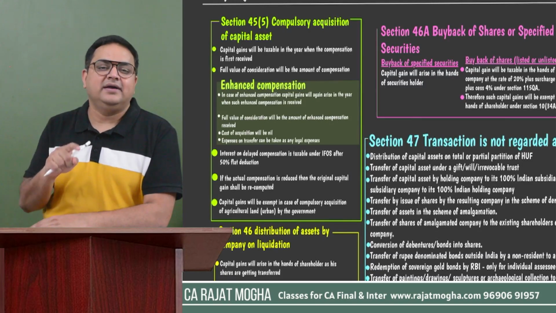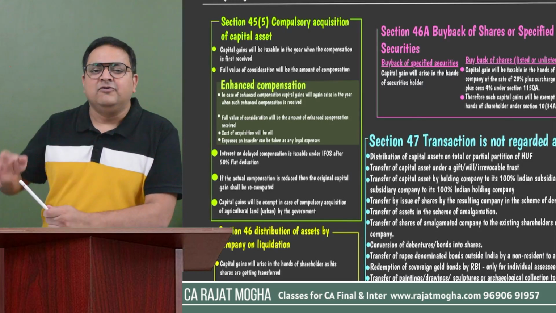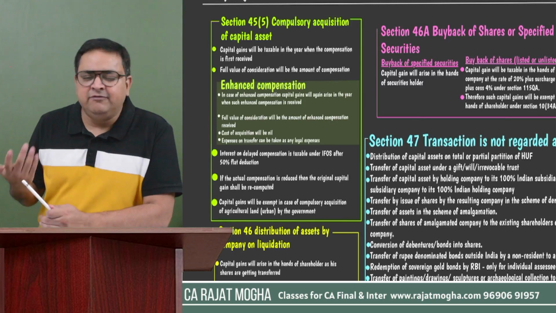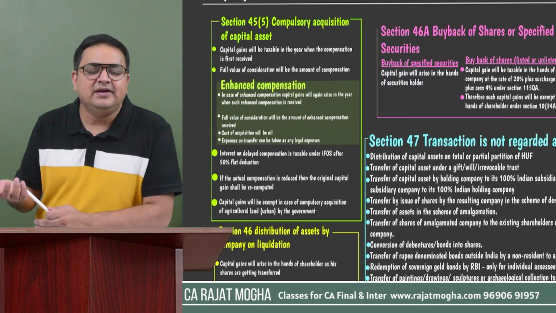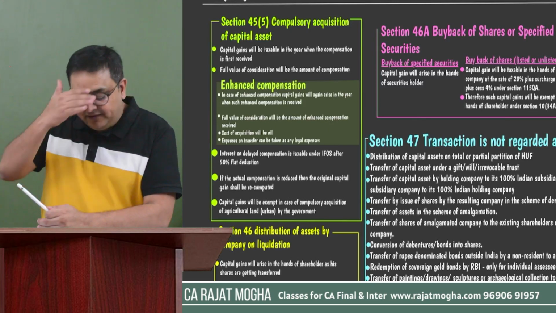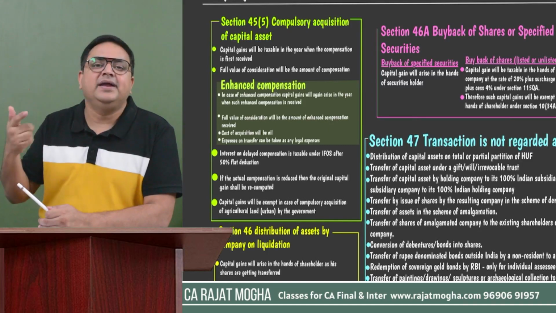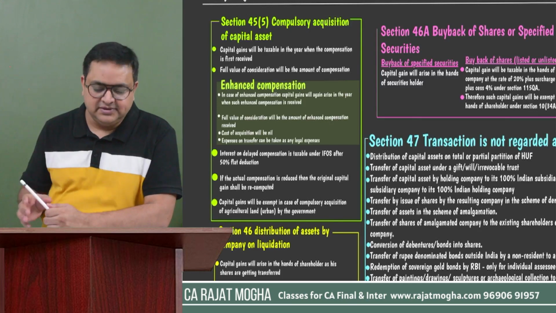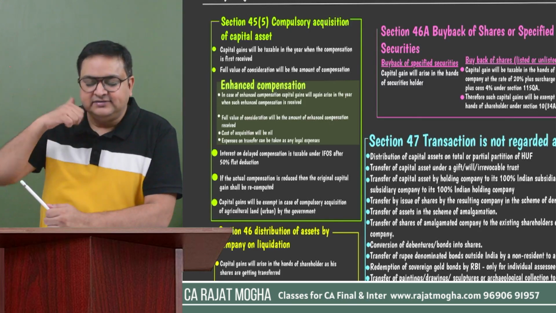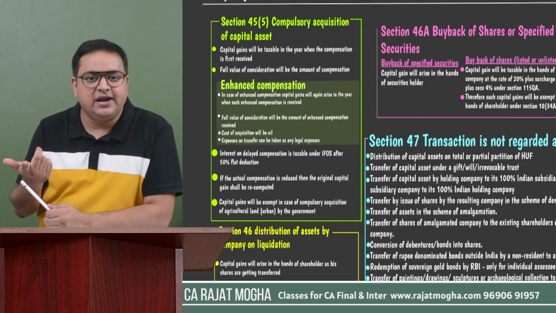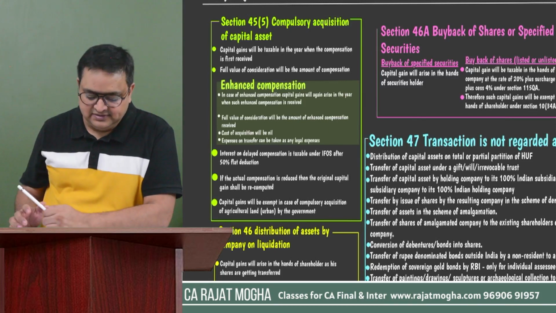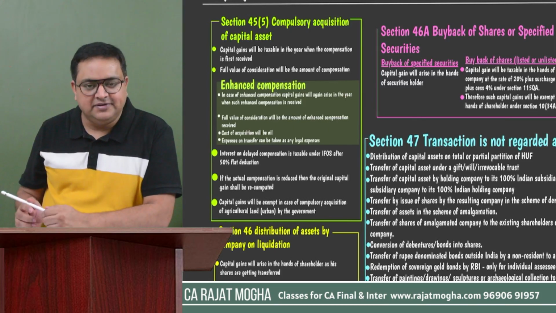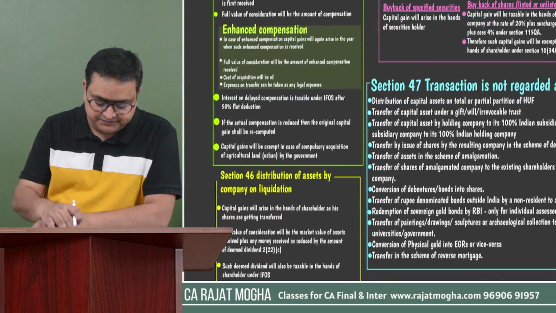If rural agriculture land is voluntarily sold or compulsorily acquired, it will not make any difference. Why? Because rural agriculture land is not a capital asset. But if urban agriculture land is compulsorily acquired, it will be exempt. If you sell that urban agricultural land voluntarily, then capital gain will arise. But if it is compulsory acquisition, then it would be exempt.